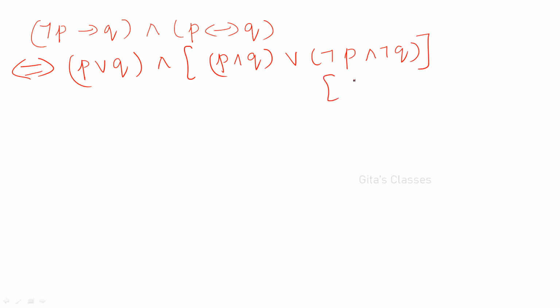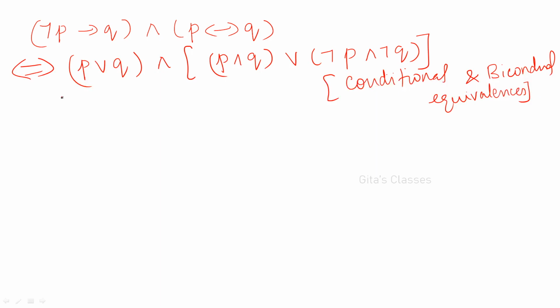We have written the equivalence formulas, that is, the conditional and biconditional equivalences. You have to write the reason: conditional and biconditional equivalences I have used. So this is equivalent to, now I am going to take this negation out.